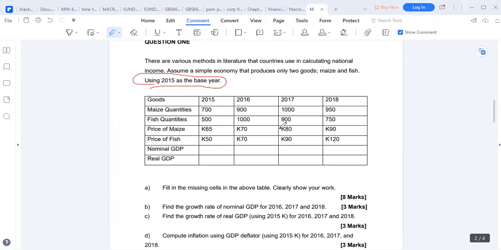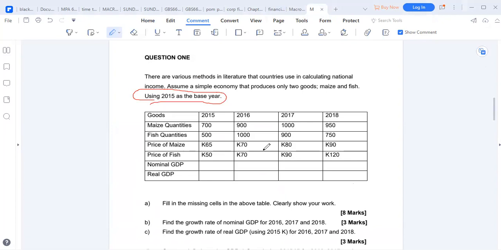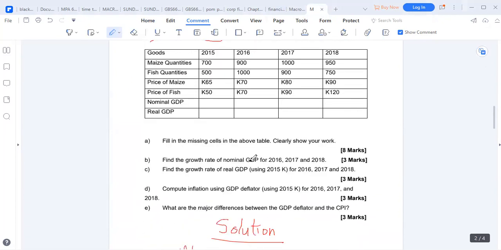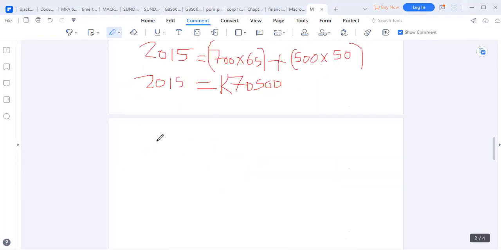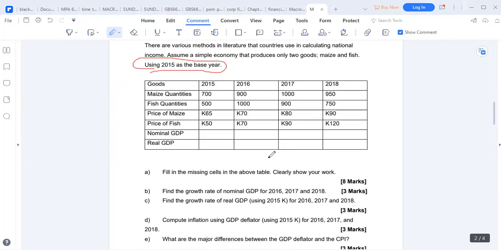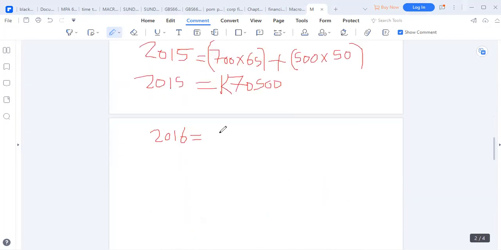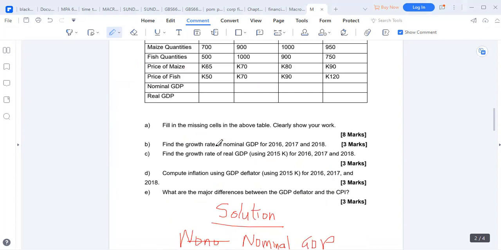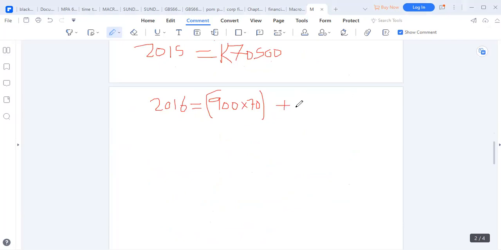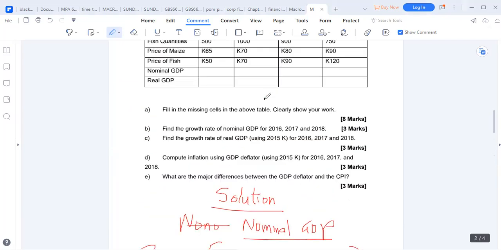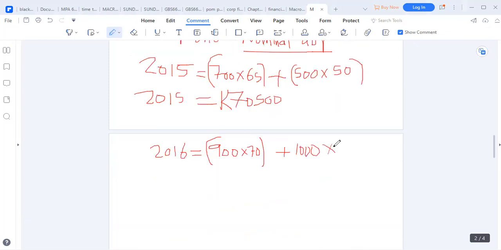For 2016, we are getting the nominal GDP, which is equal to the maize quantity of 900 multiplied by 70, plus the other quantity of 1,000 multiplied by 70.